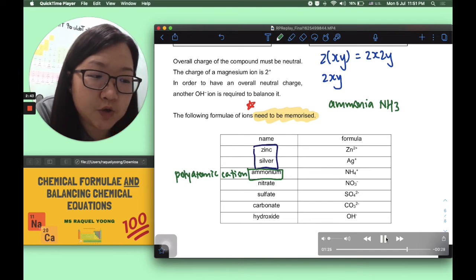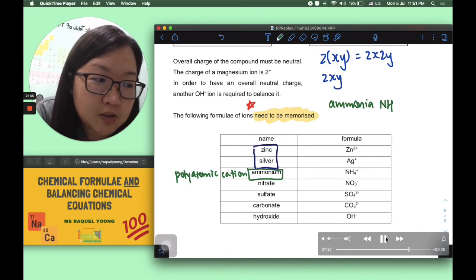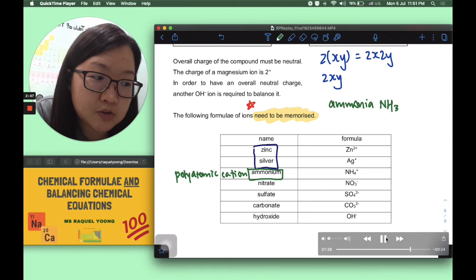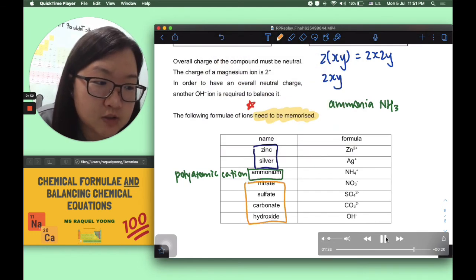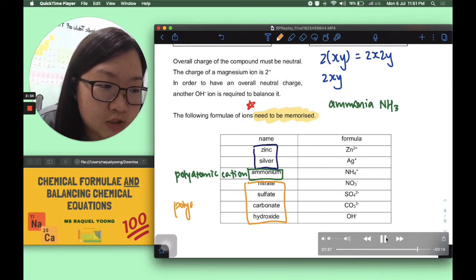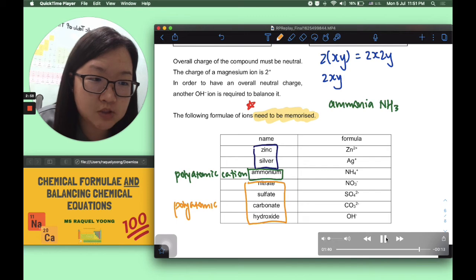Finally, the last four, these are polyatomic anions. Anions because they are all negatively charged, right? As you can see, nitrate NO3-, sulfate SO4 2-, carbonate CO3 2-, and hydroxide OH-.